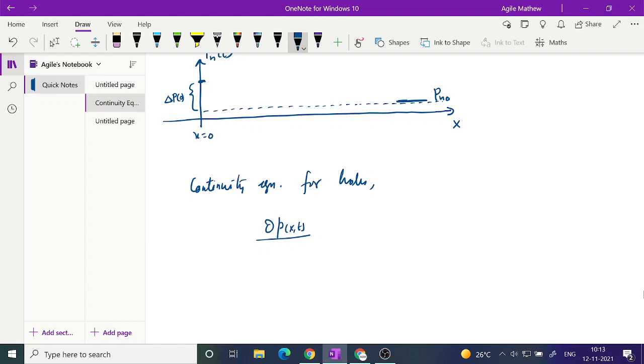Okay, so let me suppress the notation this time. So ∂p/∂t.